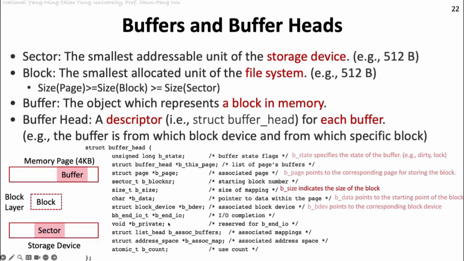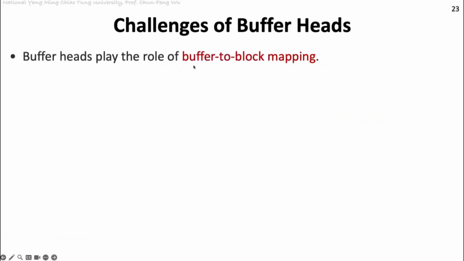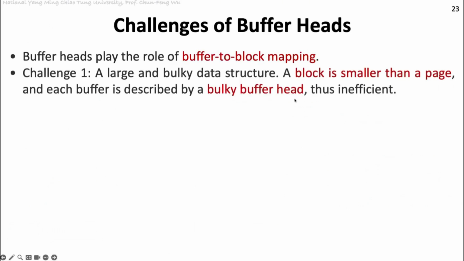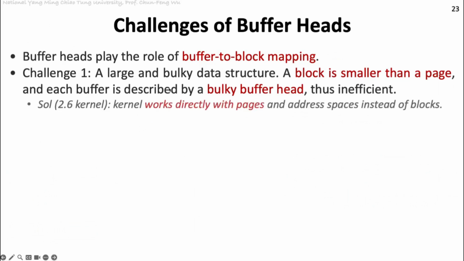If we are going to access continuous data blocks, but each block needs one buffer head, then we have a large memory consumption from these buffer heads. The solution for this one, in the 2.6 kernel version, is to use address space instead of blocks. In this case, we don't need this kind of bulky data structure.